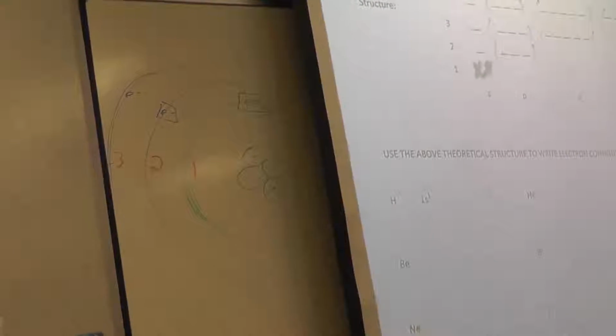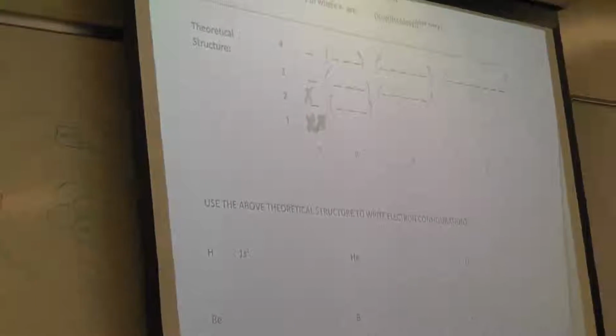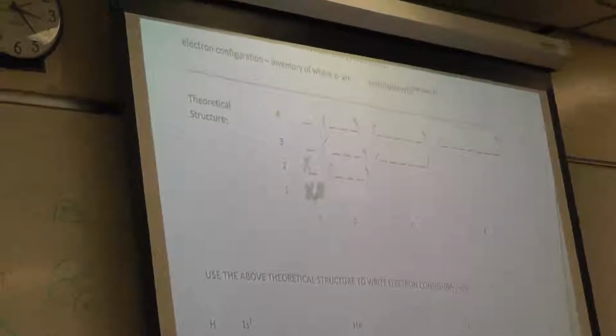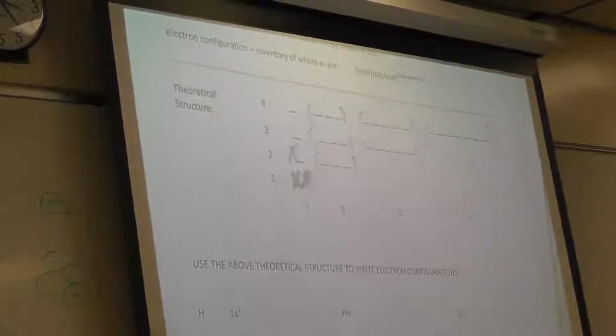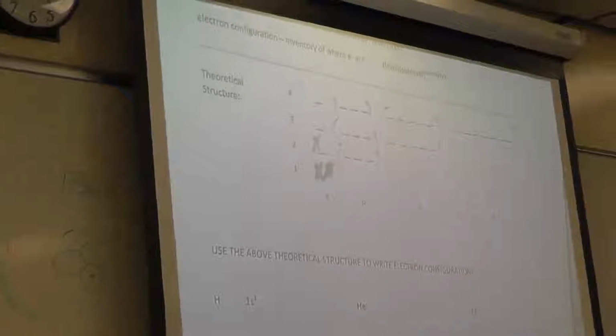When you fill that up, then you've got to move on to the next thing, which in this case would be your third electron. That's there. So 2s1. You've got 2 electrons on the 1s, and the third electron winds up in the 2s. You're filling from the bottom up.